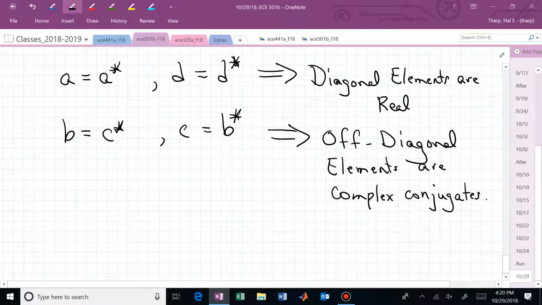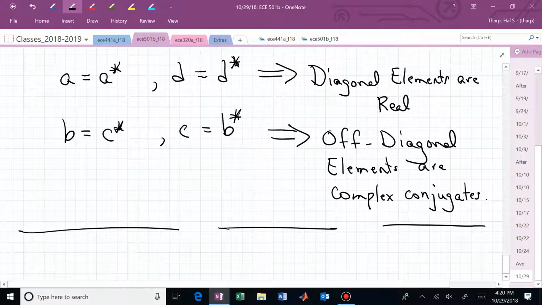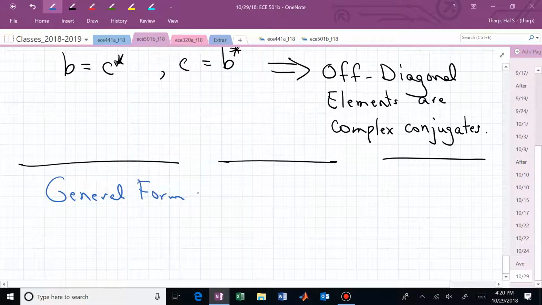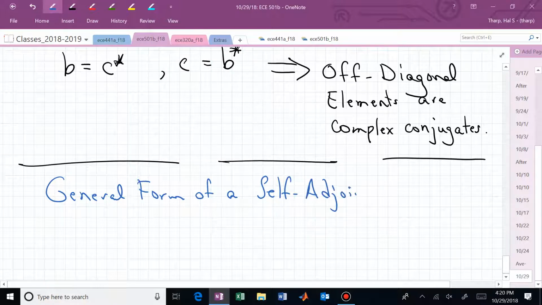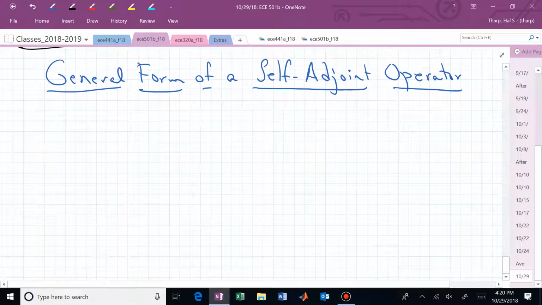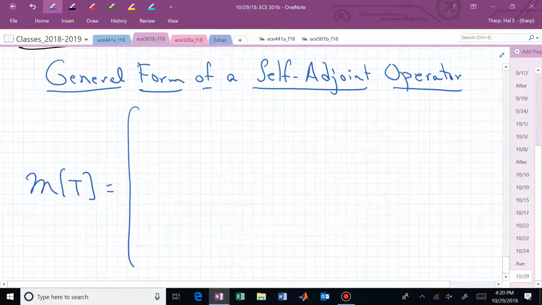And this actually generalizes to a larger map or operator. So if we have the general form of a self-adjoint operator, now we have this big matrix. Let's say we want to look at it as the matrix representation of this linear map. We have A11, A22, A33.